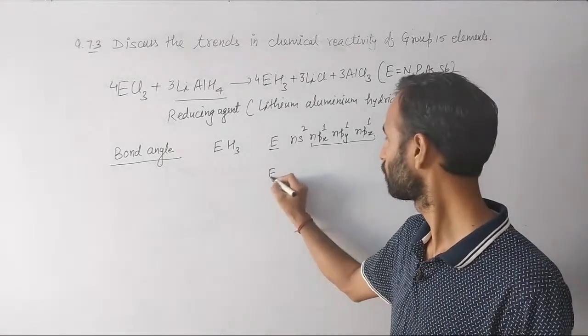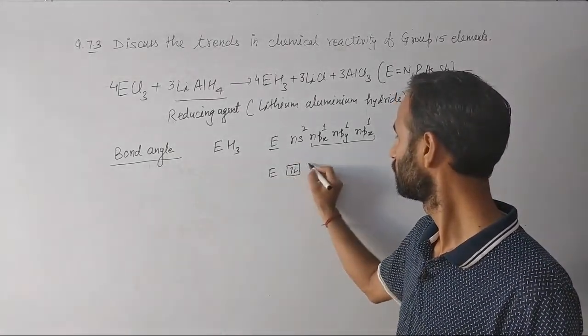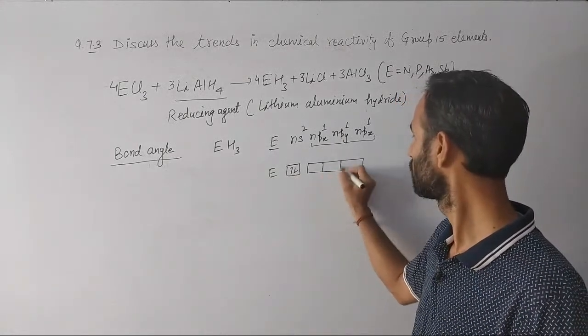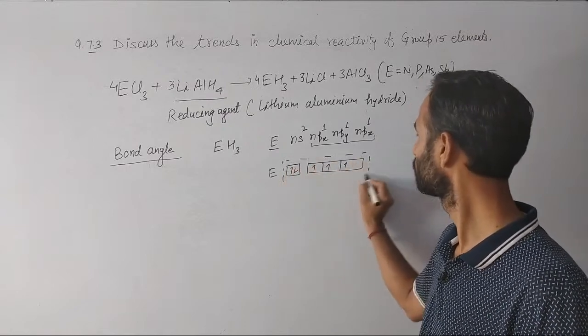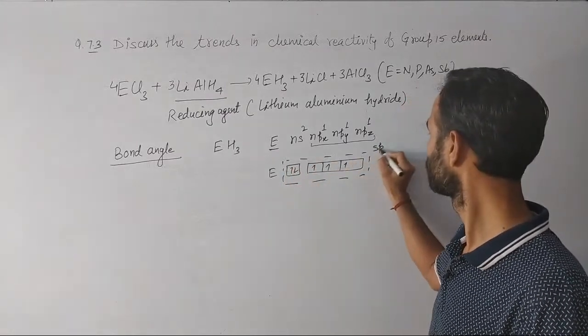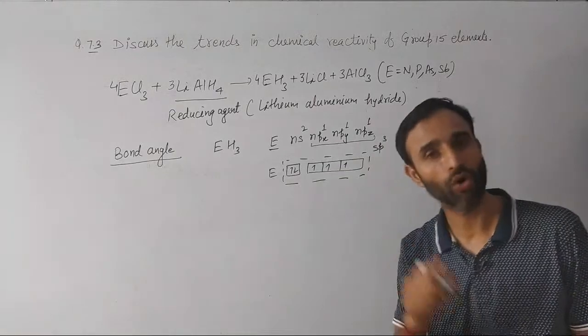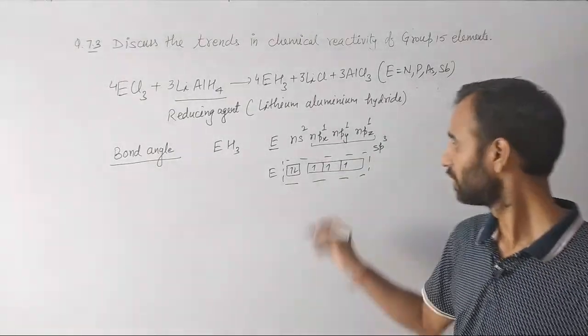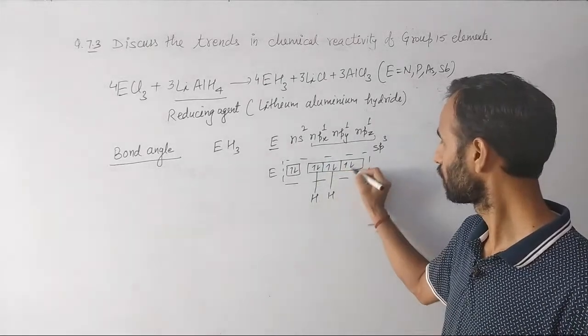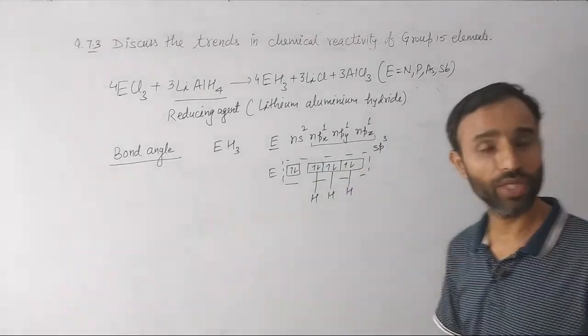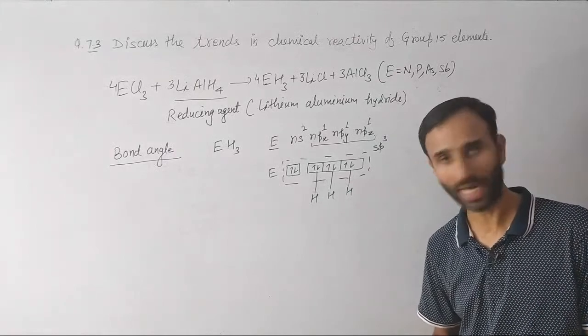So it undergoes sp3 hybridization, because lone pair is always hybridized. So they form sigma bond by overlapping with 1s orbital of hydrogen.